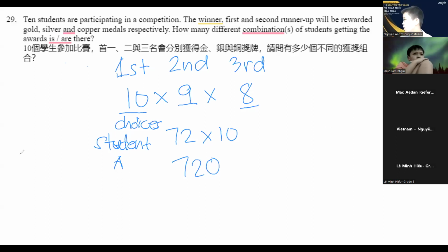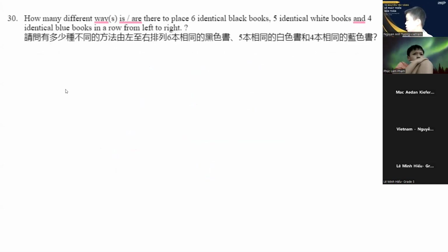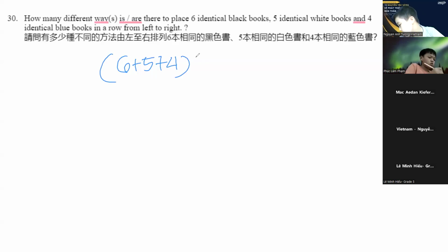I think we can move on to the last problem for this set. How many different ways are there to place 6 identical black books, 5 identical white books, and 4 identical blue books in a row from left to right? So the key word here is identical. All we have to do is get the total sum factorial, 6 plus 5 plus 4 factorial.